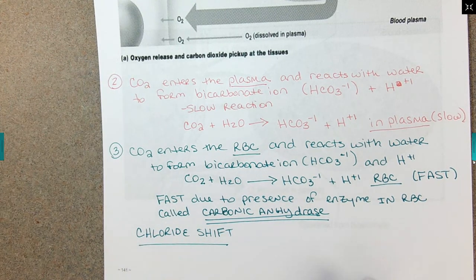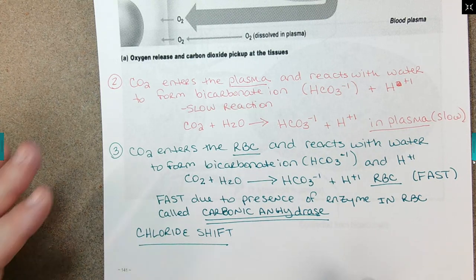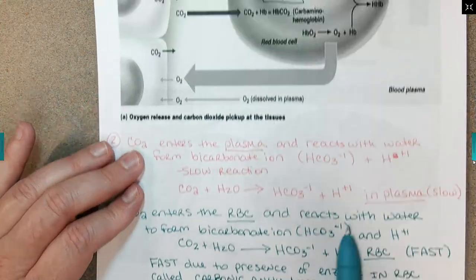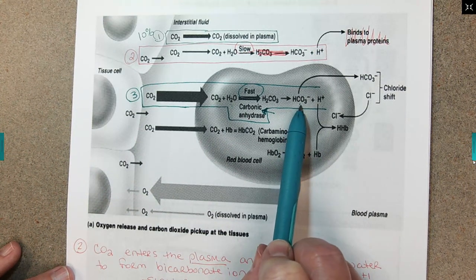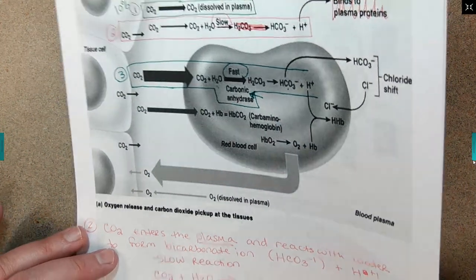So what is chloride shift? Notice we have this bicarbonate ion right here, which has a -1 charge.